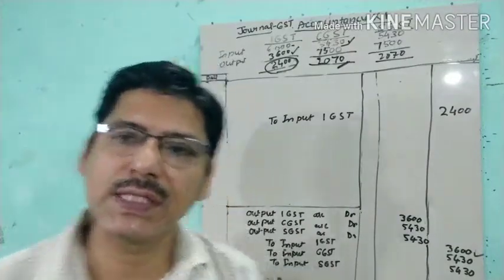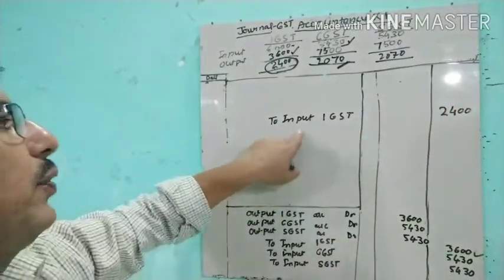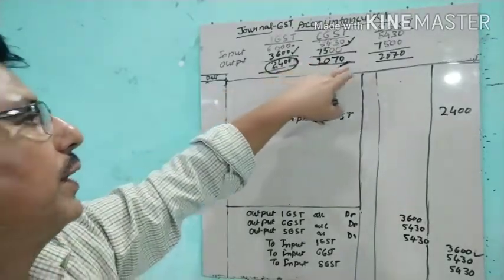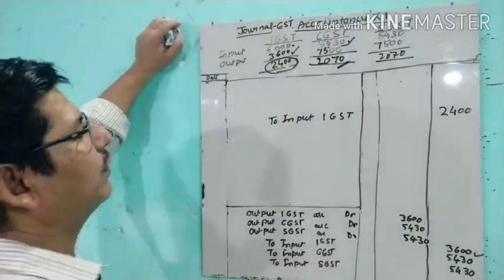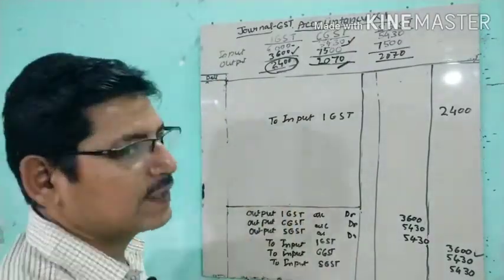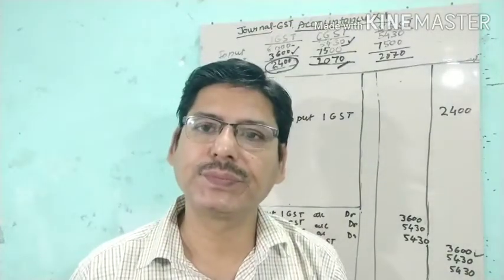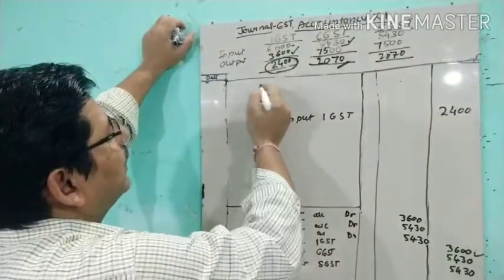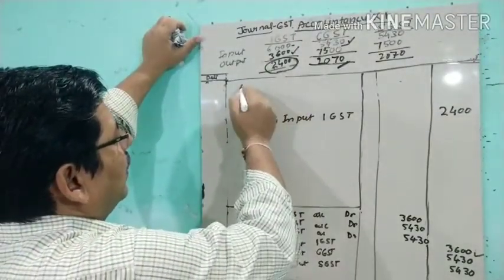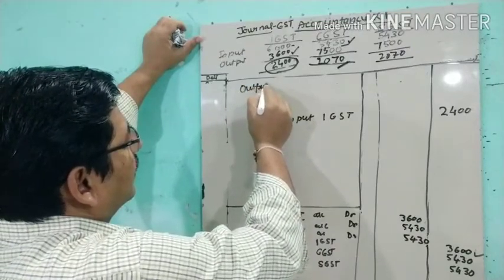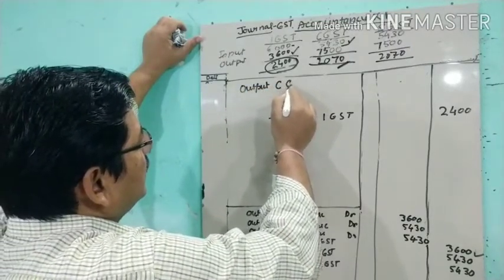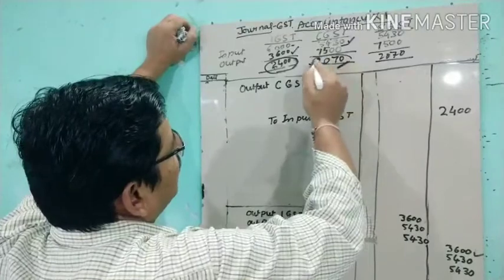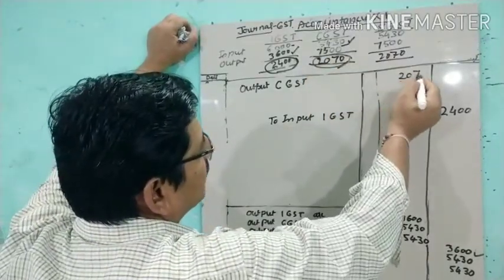Now we have to adjust this 2,400 input IGST against this that we have to pay to the government. IGST is first adjusted towards the CGST. So CGST we have adjusted against output CGST. How much remained? 2,070 remained, so 2,070 will be adjusted.